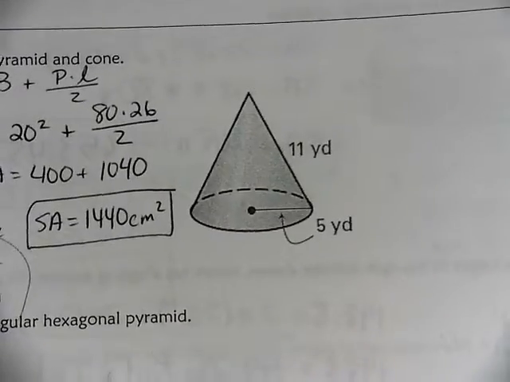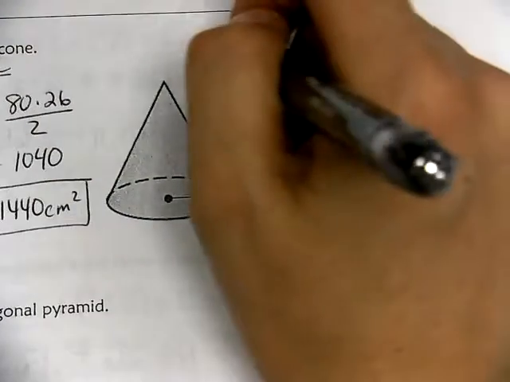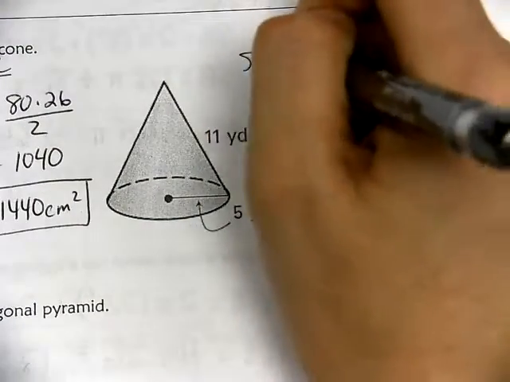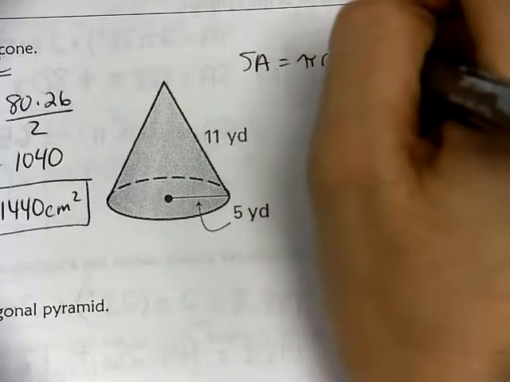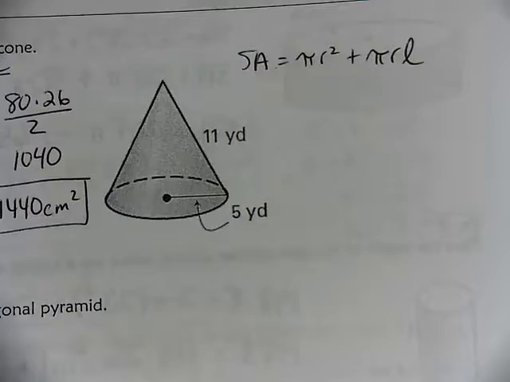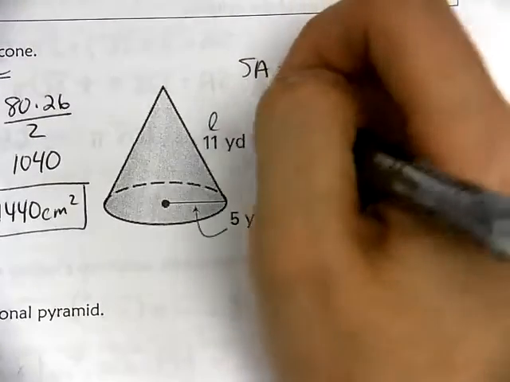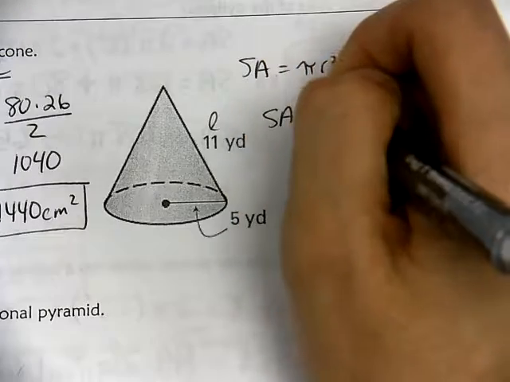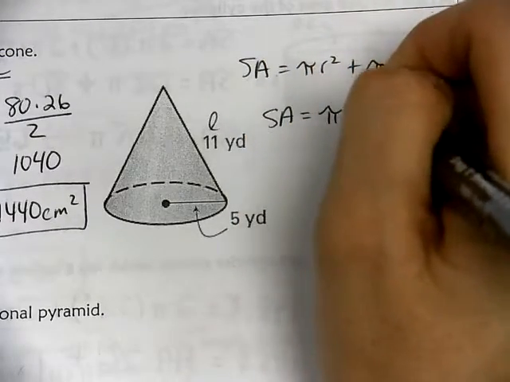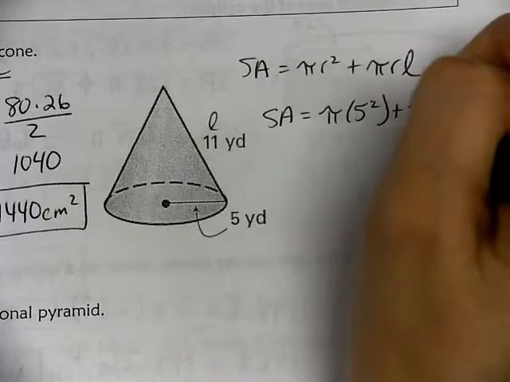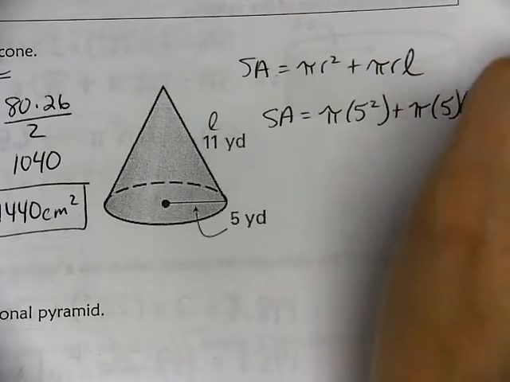So with the cone, our surface area formula is pi r squared plus pi r slant height. Is 11 the height or the slant height? Slant height. So I'm good to go. I can just plug it in. So pi 5 squared plus pi 5 times 11.